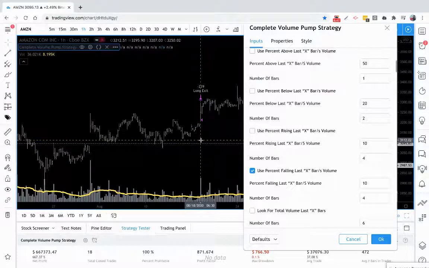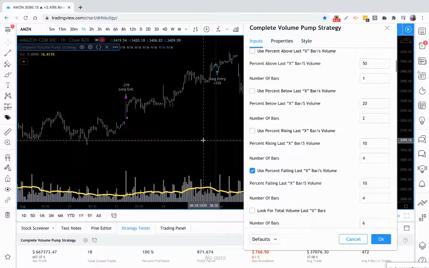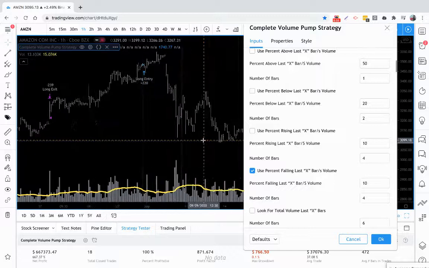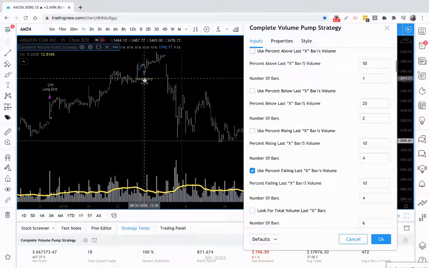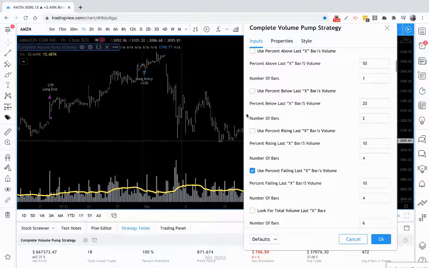Another example here. I'm sorry, that was the long exit. Here's a long entry: declining volume, 1, 2, 3, 4, and then we entered right there. So that's how that works, where you can look for rising or declining volume.